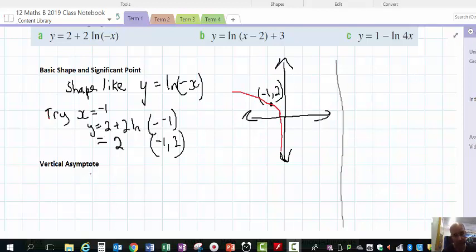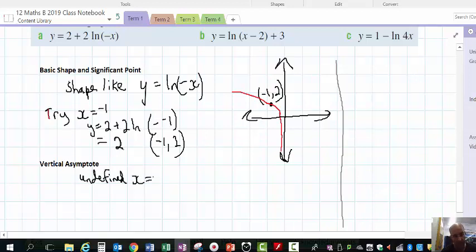The reasoning for asymptotes is slightly different to that than we did with exponentials. We said d was the asymptote. It's certainly not the case with logs. So we look at the function, or even take a peek at the graph, and the function is undefined when x equals 0, because log of 0 is undefined. 2 plus undefined is undefined.